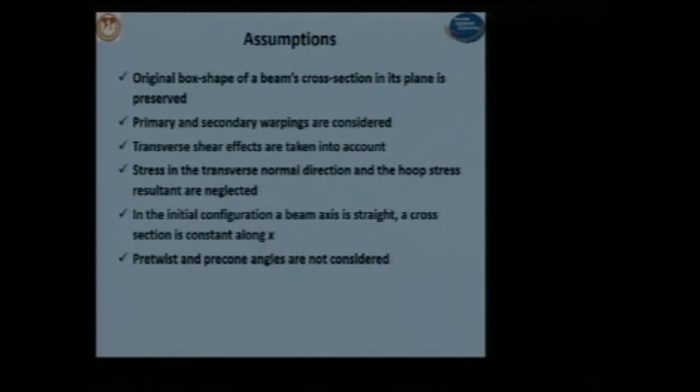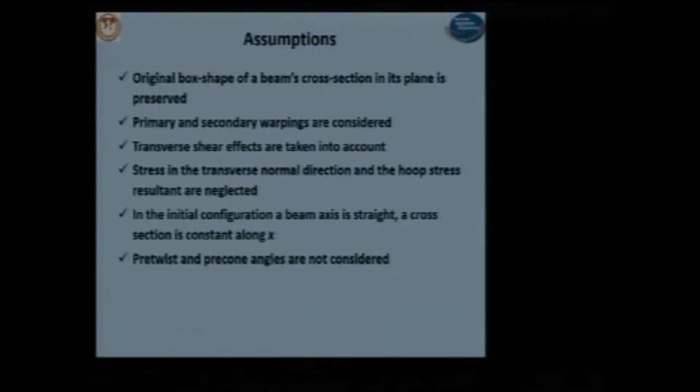But we consider primary and secondary warping. It means we allow deformation in elongation along the x direction. And of course, we take into account shear deformation in two directions, which is related to Timoshenko theory. Also, we neglected some transverse normal stresses and hoop stresses because we consider a thin-wall structure.